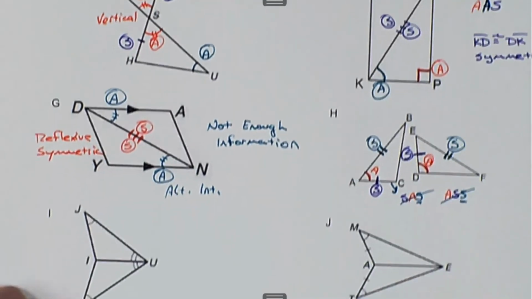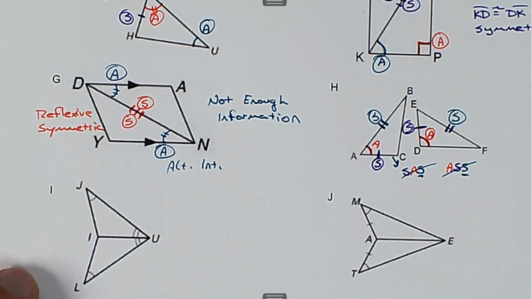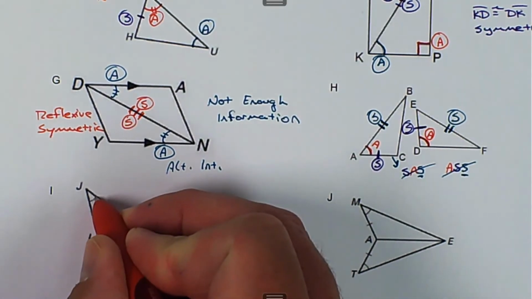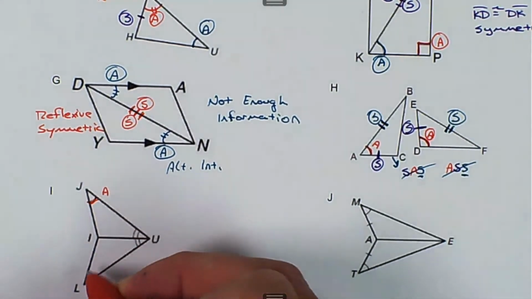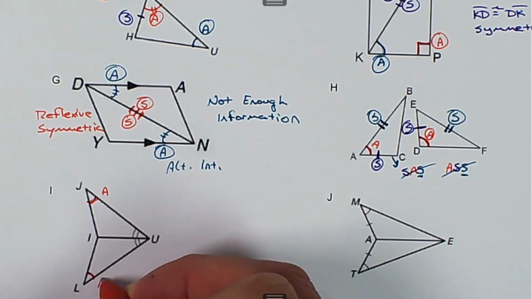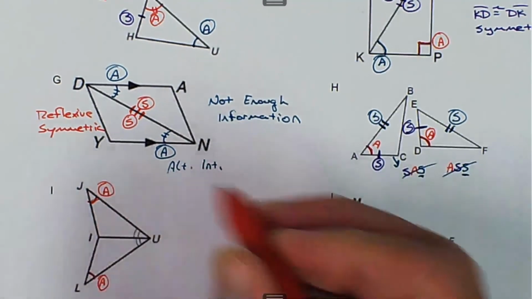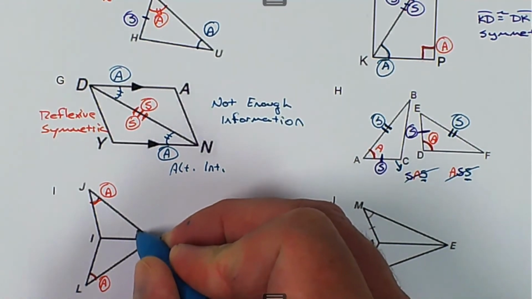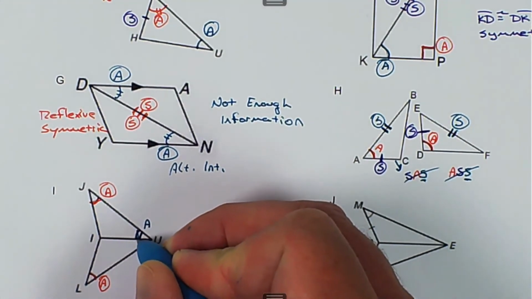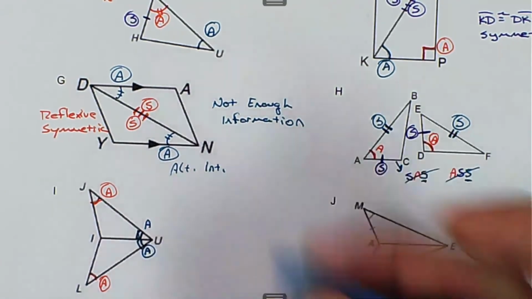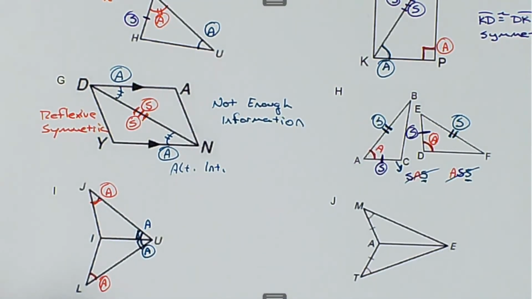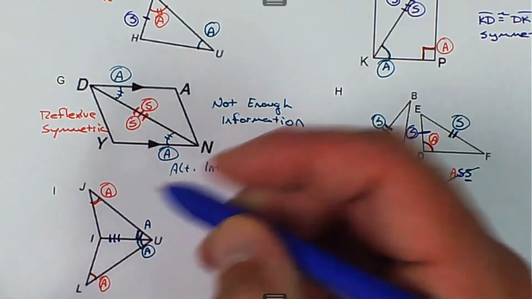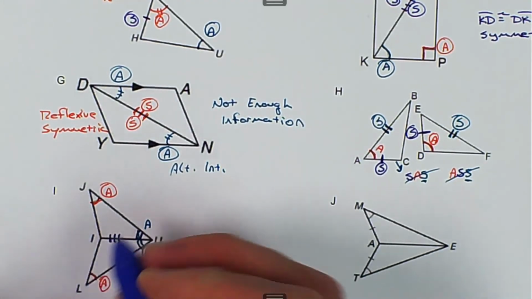Next one we have is I. So here we're given an angle, and we're given an angle, and we're given two more angles right here. And then we're given this side, and this side is by reflexive because it's going to end up being the same side.